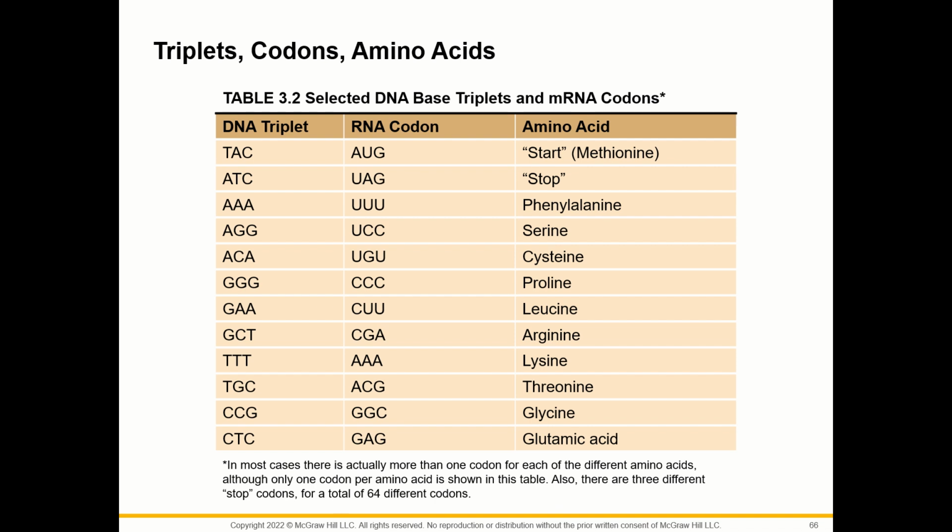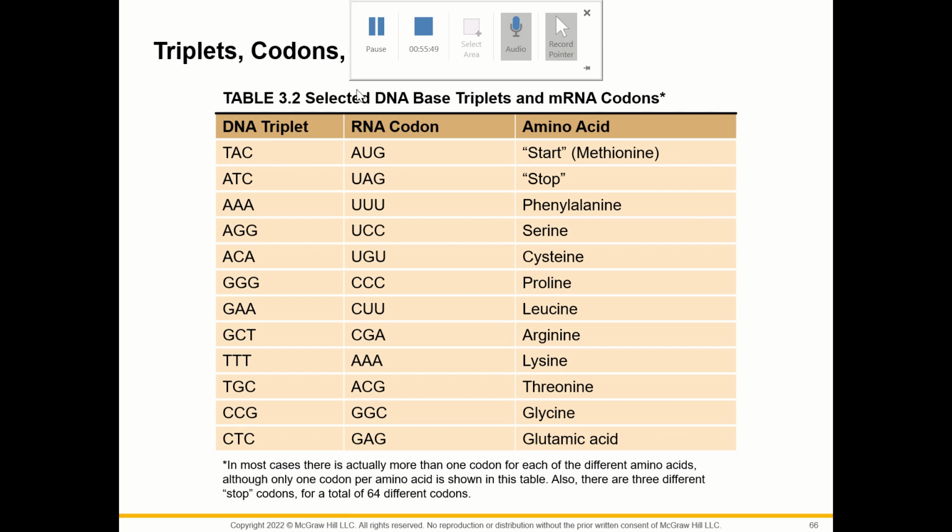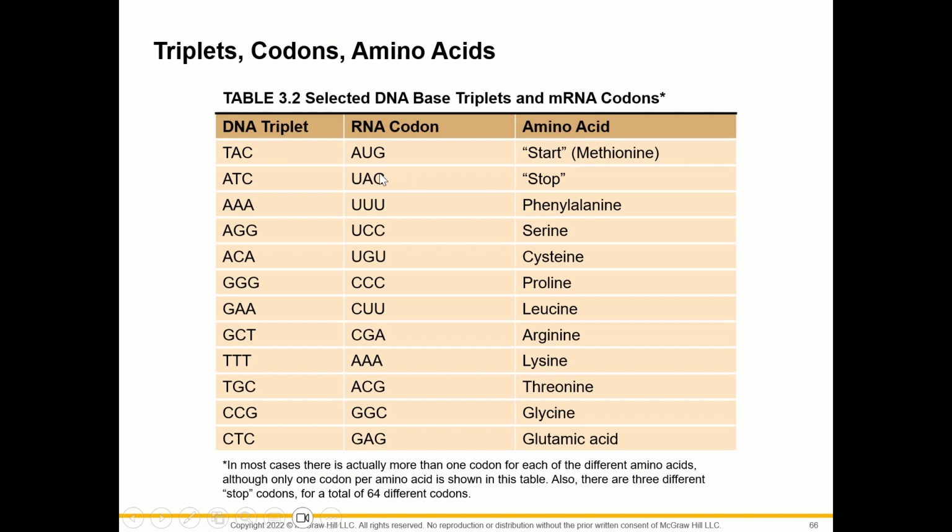All right, so we see here in Table 3.2 triplets, codons, and amino acids. And this is, of course, in blue in your book, and it's in that peach color here, but it all says the same thing. So we see that the original DNA triplet that's still in the nucleus was TAC. And so to build the mRNA codon off of it, we are going to do that complementary base pair.